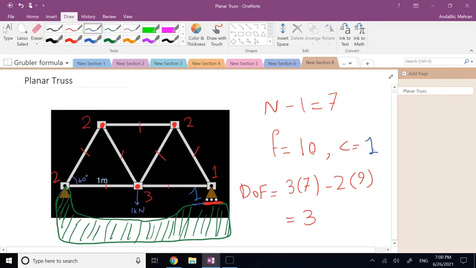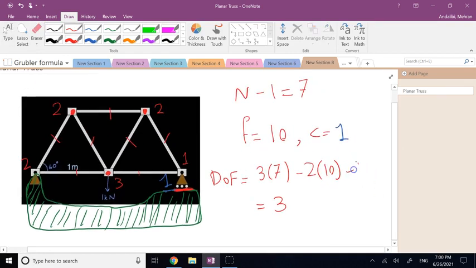So now if I calculate my degree of freedom properly, it is going to be 2 times 10, and then minus 1 times 1, and guess what? You are going to get 0. So the degree of freedom here is 0.